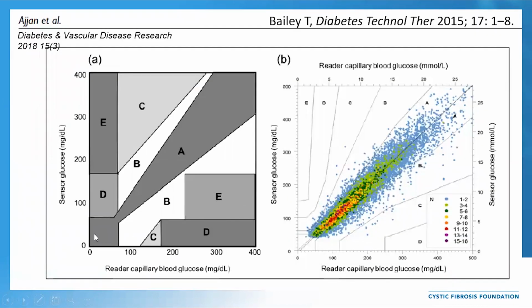So here are the different zones mapped out showing differences between sensor glucose values and capillary glucose with corresponding values in A zone, but large discrepancies out here in the peripheries, like in zone D, where you've got a high capillary glucose value reading as a low sensor glucose value, and vice versa in E. And here's data from the Freestyle Libre machine compared to capillary glucose, with most results in that A or B area and few results out in the extremes.